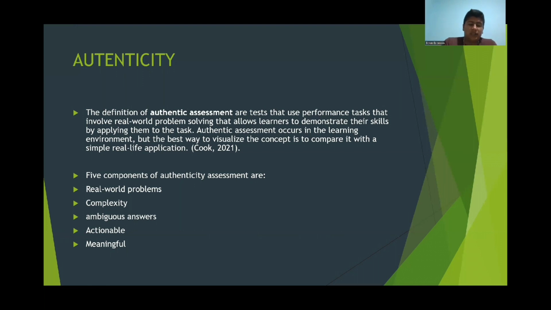In this way, the teacher can compare real-world problems with the situations in the class.